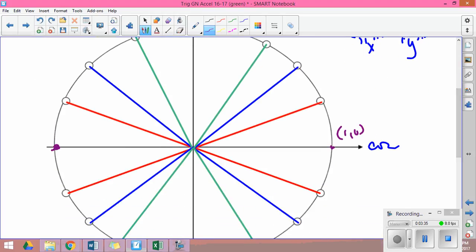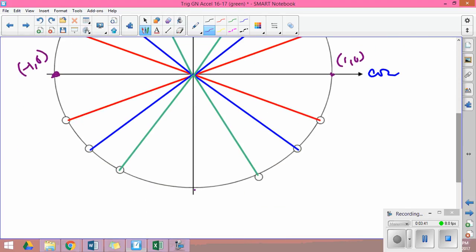This point out here is at -1, 0. And the point at the very bottom is at 0, -1. That's how we can work our way around a coordinate system.